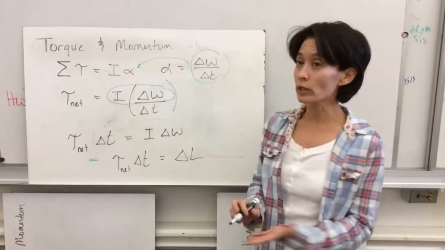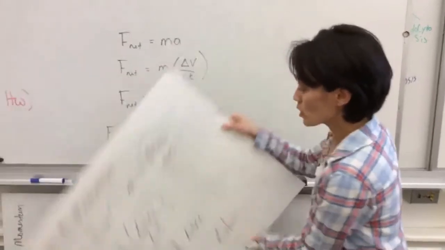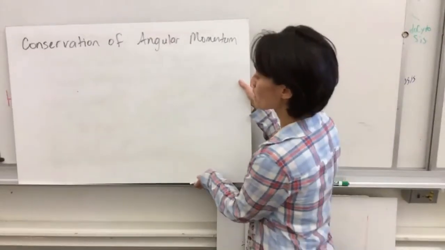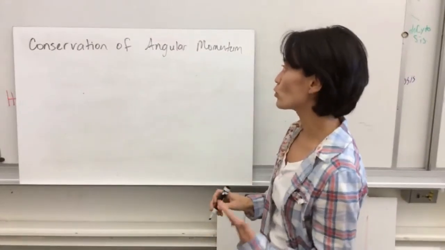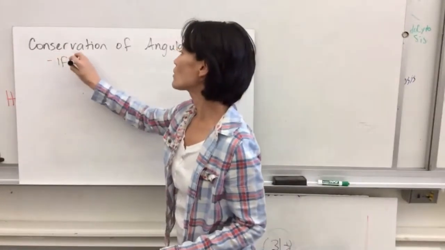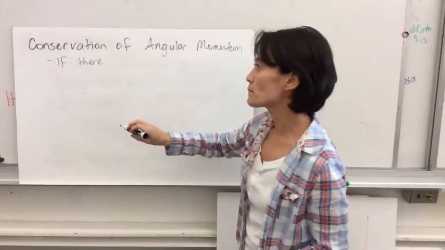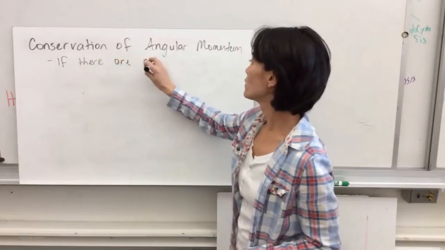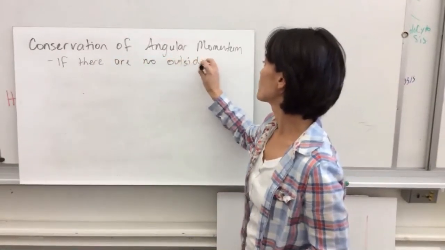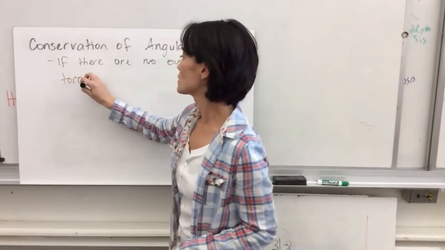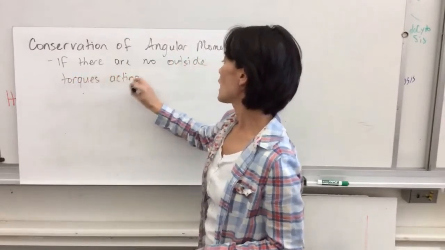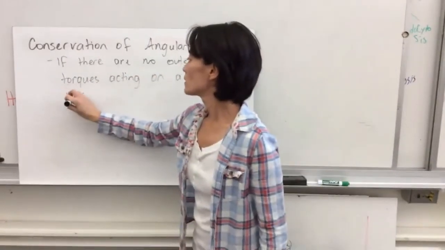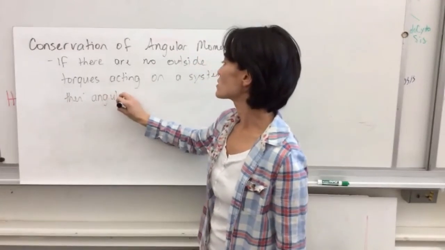Now, the other thing we looked at with linear momentum was that if there were no outside forces acting on my system, then my momentum must be conserved. And that is also true with angular momentum. If there are no outside torques acting on a system, then angular momentum is conserved.